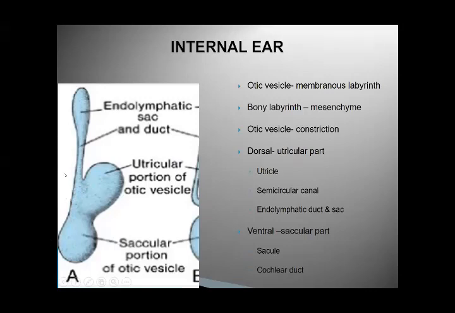And surrounding the membranous labyrinth, you have the bony labyrinth. इसको surround करती है. That develops from surrounding mesenchyme. So आप ये एक basic बात याद रख लीजिए कि जो otic vesicle है, that develops into the different parts of membranous labyrinth. Okay?